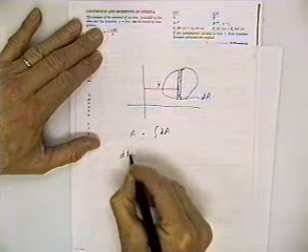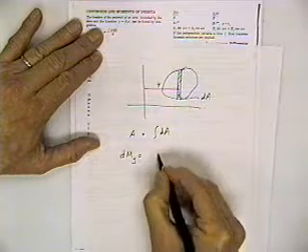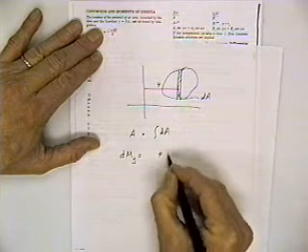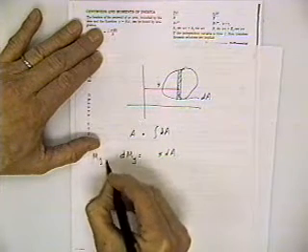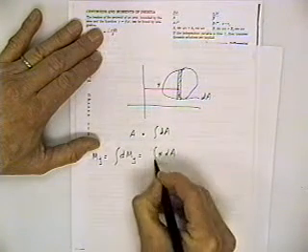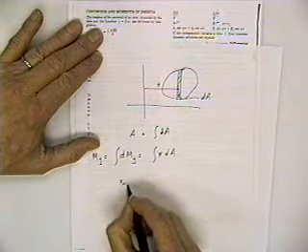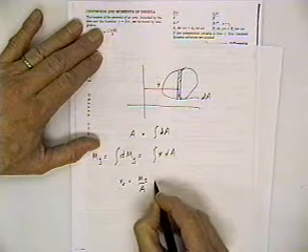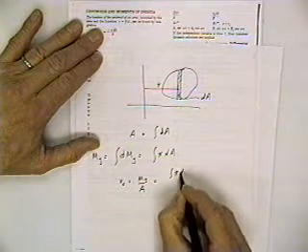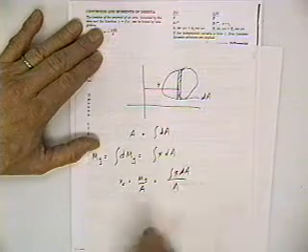The differential moment of that area about the y-axis is x times dA, and the moment about the y-axis is the integral of that, okay? And the centroidal distance, x sub c, is equal to M divided by A, or it's equal to the integral of x dA divided by A. Okay? And that's the formula that's given to you.